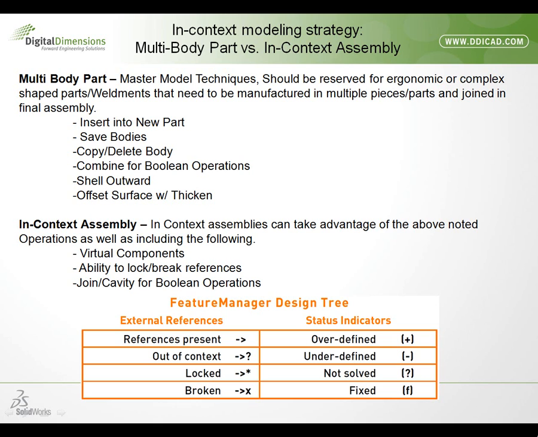Now, if you are going to employ the in-context assembly modeling method, which would be my preferred method here, you need to keep into account the status that's shown in the tree, the symbols that you see here. A feature preceded by the greater than symbol means that there are external references present.